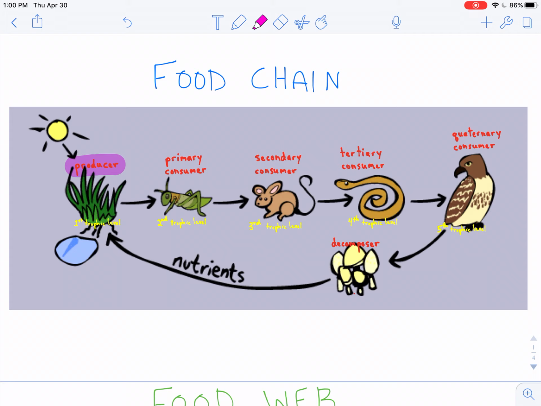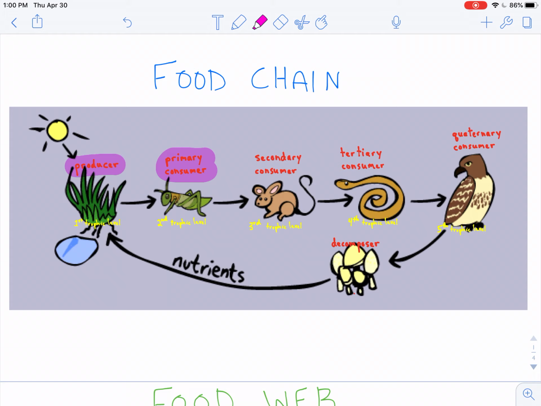Well, the producers are eaten by the primary consumers, and that is why there's an arrow going from the producer to the primary consumer. The arrow shows which direction energy moves. Energy goes from producers to primary consumers when the primary consumers eat the producers.